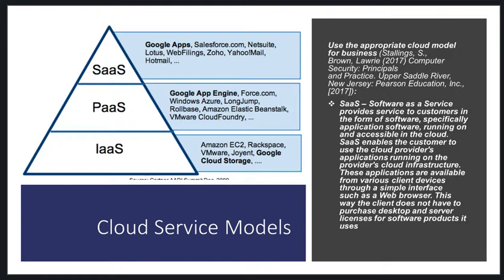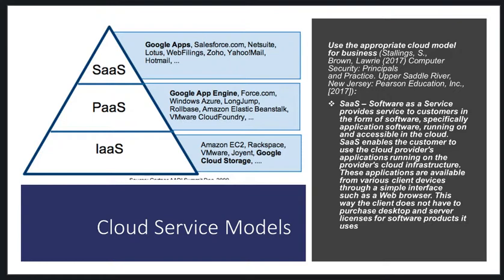Software as a service provides services to customers in the form of software, specifically application software running on and accessible in the cloud. SaaS enables the customer to use the cloud provider's applications running on the provider's cloud infrastructure.